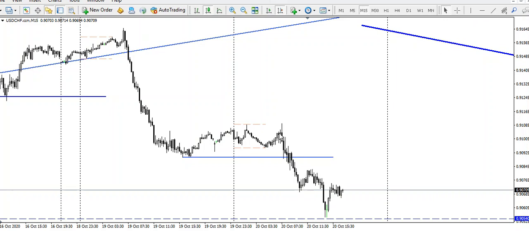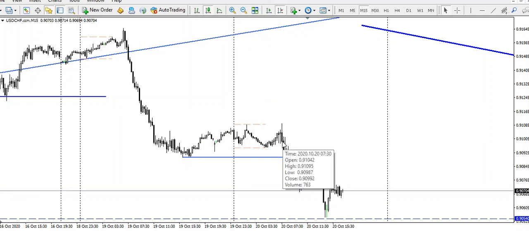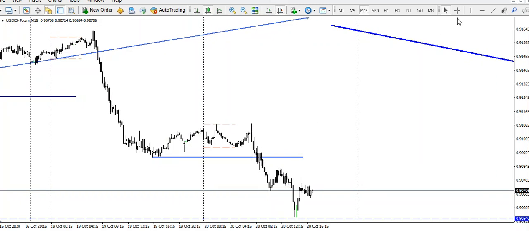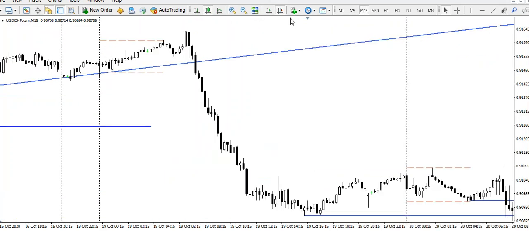So this one was around 8:30. This was the 8:30 candle. This low here, let me zoom in.